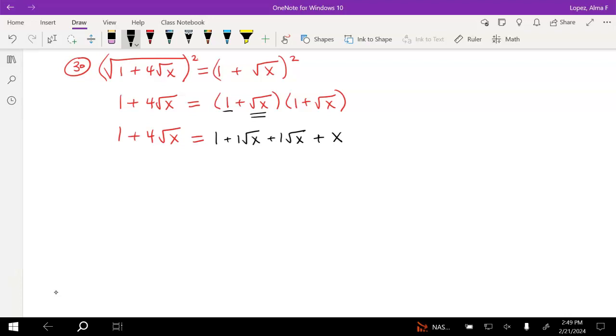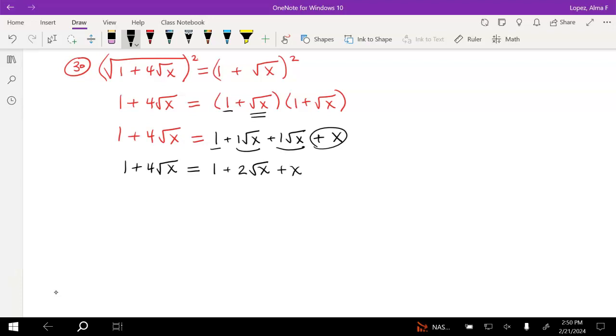Now we're going to clean it up as we go from left to right. We have 1 plus 4 square roots of x equals. I only have one number on the right. We get a 1. I'm going to go ahead and combine the two radicals. 1 square root of x and 1 square root of x makes 2 square roots of x. And then we've got this x hanging around.